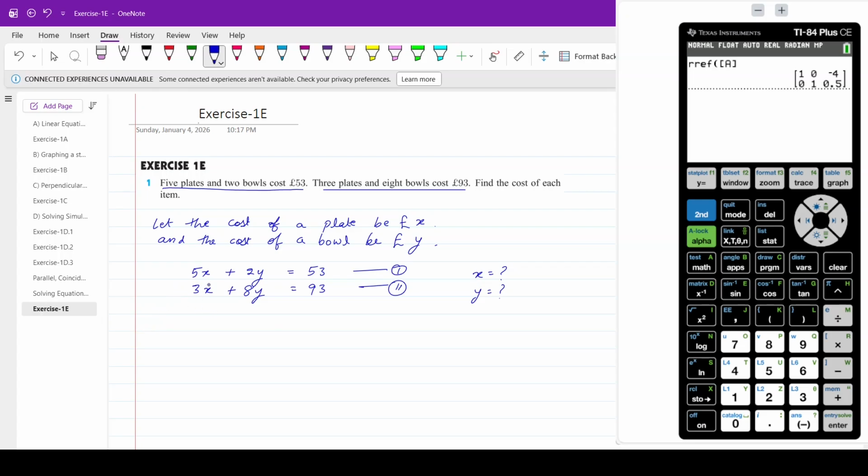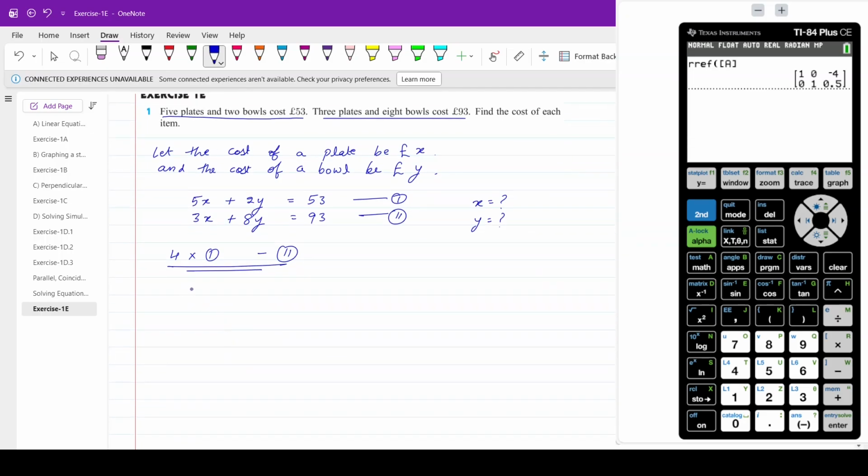Now we have to solve these two equations. We multiply equation 1 by 4, and then we subtract equation 2 from it.